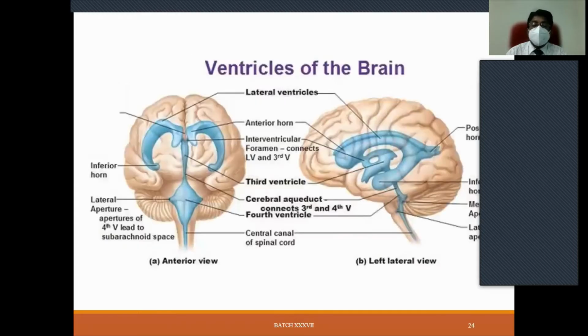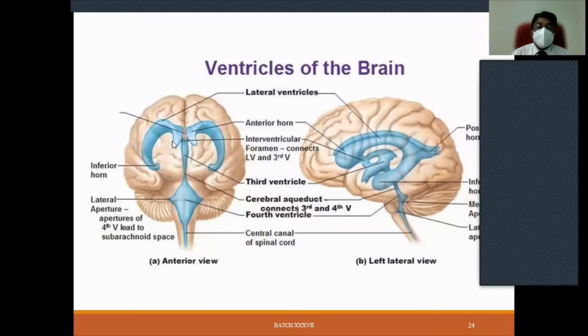So you saw a 3D diagram of these ventricles in the video. However, when you look at this diagram, you can find out where the ventricles are. In this diagram, these ventricles are colored in light blue. Here you can see a C-shaped structure located deep inside the cerebral hemispheres.